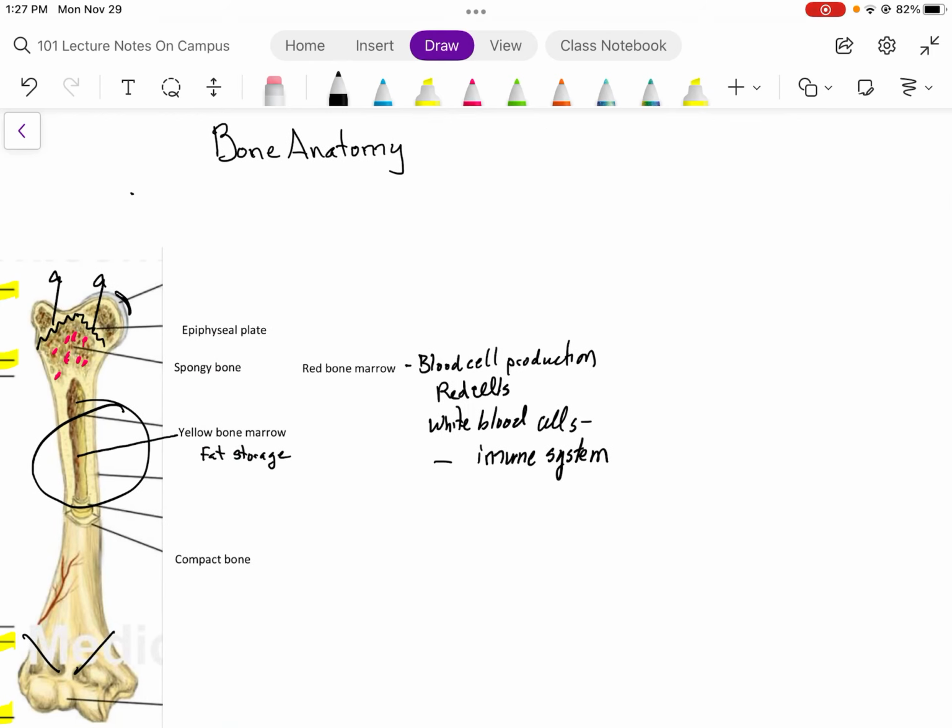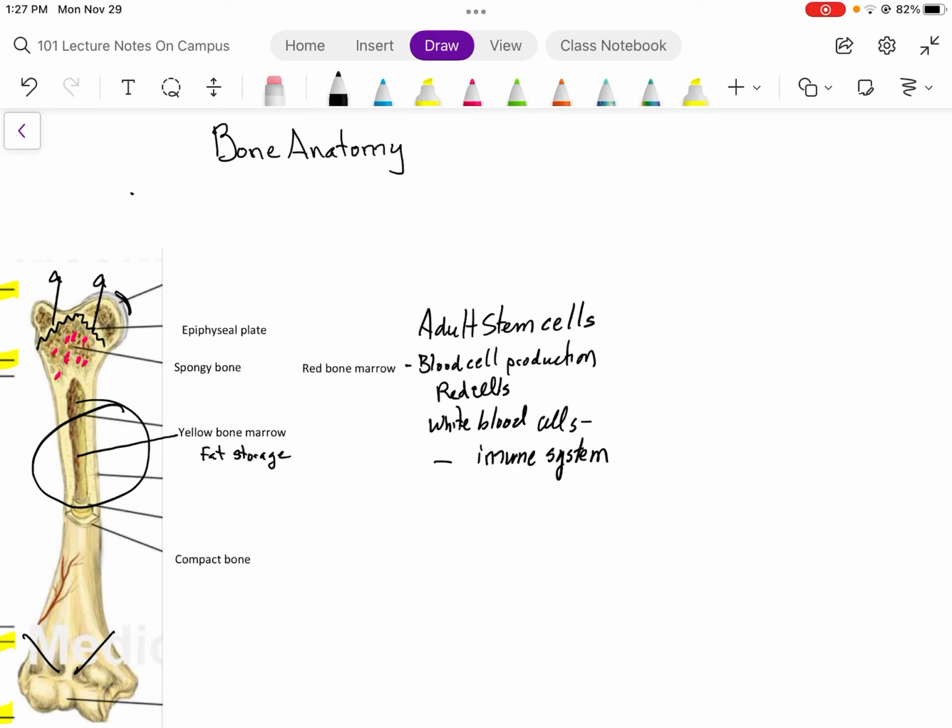Now, in short, this area is going to have what we would call adult stem cells. And stem cells are cells that have not yet differentiated in their pathway completely, or if they have reached the end of their differentiation.